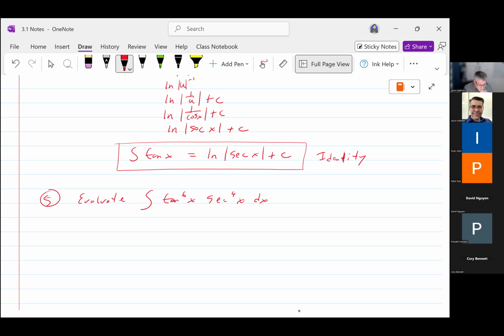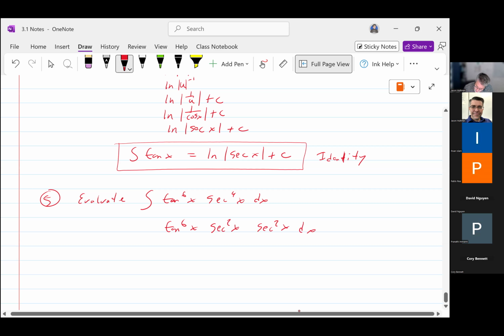So what are we going to do? Factor a secant squared x. Yes, exactly. Use number 1 from our notes. Factor out a secant squared x. So this is tangent 6x secant squared x dx. And then we want to change the remaining secant into a tangent. So secant squared x is tangent squared x plus 1.